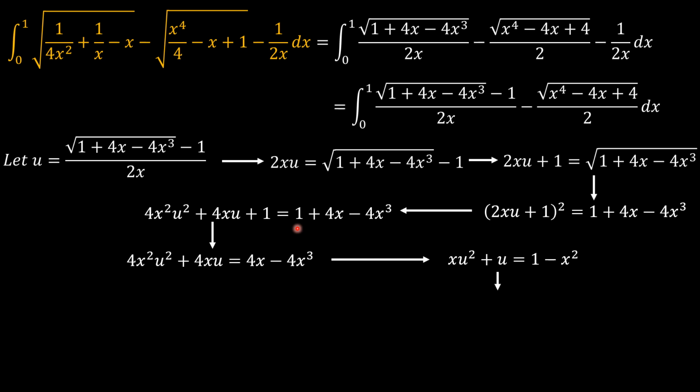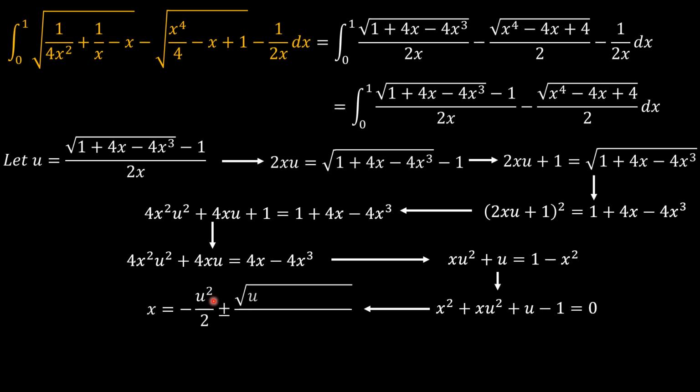So let's try to make x the subject, because we do have a quadratic equation here. So x is equal to negative u squared over 2, plus or minus the square root of u to the power 4 minus 4u plus 4, all over 2. But x lies between 0 and 1, right?